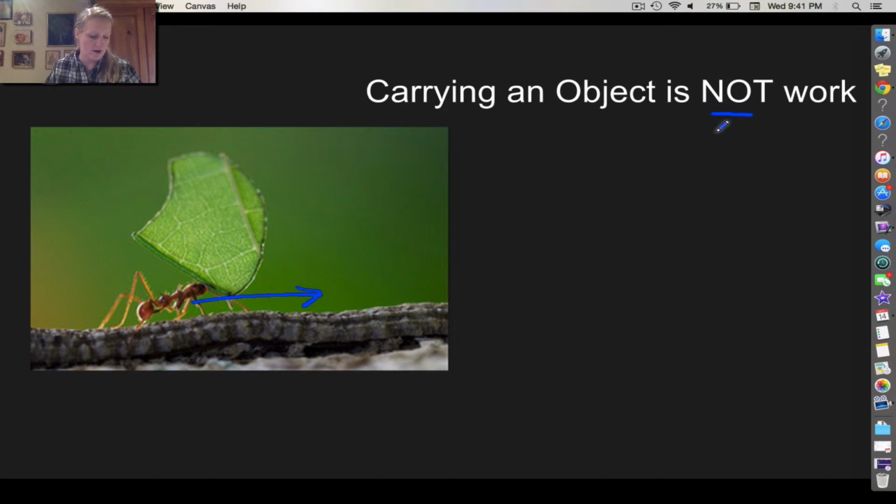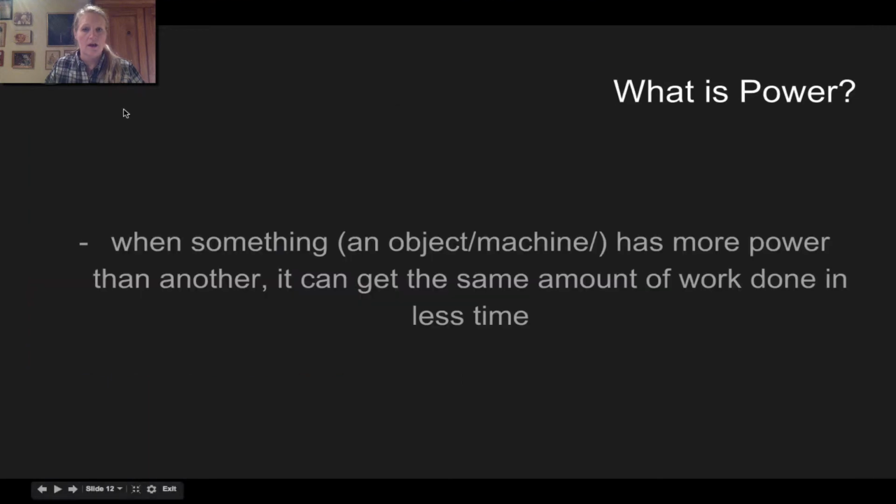When you are carrying an object, it is not work because the force that was used and is being used is lifting the object, holding the object up against gravity, if you will. That might help a little bit. But the motion is not the same, and so it does not qualify as work. Okay, so just a little detail there.